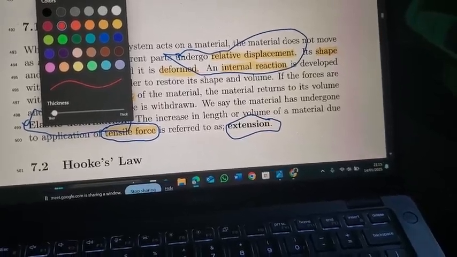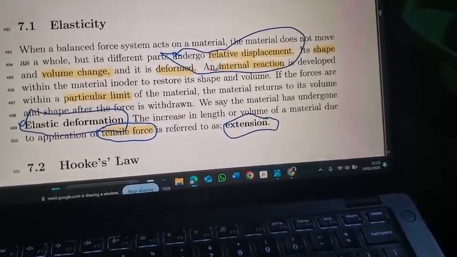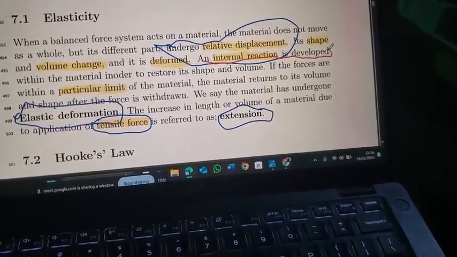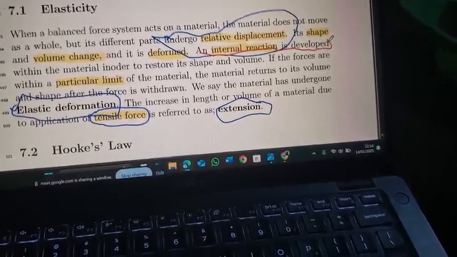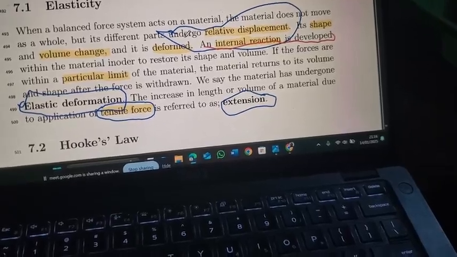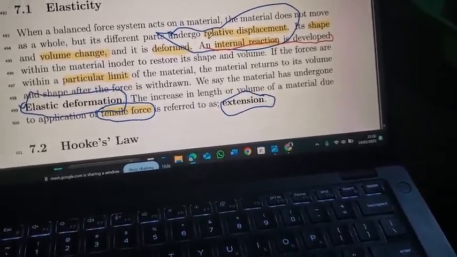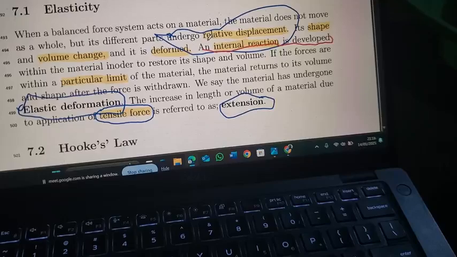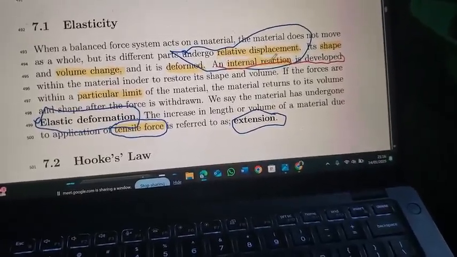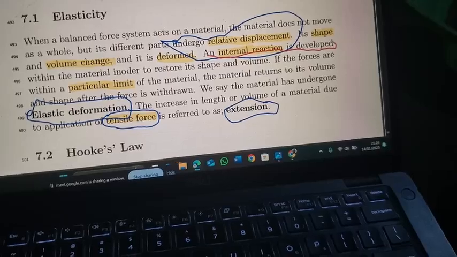After the extension, something happens. An internal reaction, a reaction which is equal and opposite to the force you apply, will try to return the dislodged molecules to their original positions, and that is what brings back the material to its original size and shape after deformation.